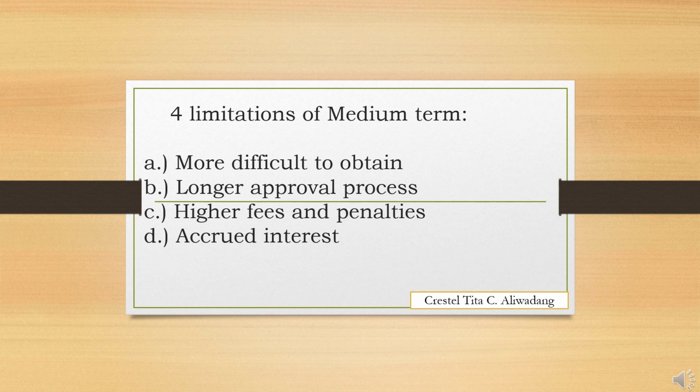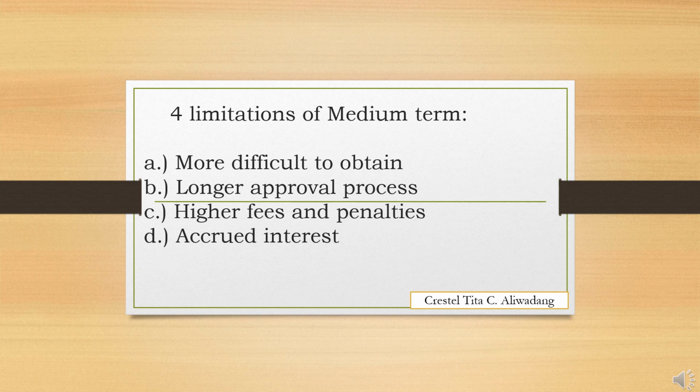Therefore, medium-term finance can be disadvantageous for those businesses looking for quick ways to finance activities. Similarly, the lengthy process does not guarantee a borrower will receive the loan. So, the borrower always faces the risk of waiting through the process and not obtaining a loan at all.